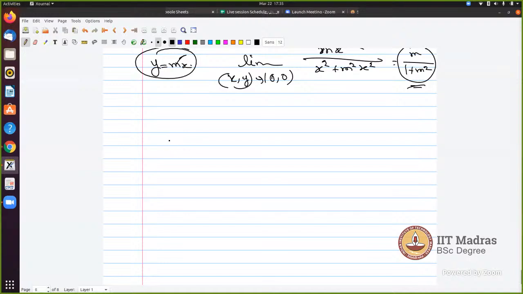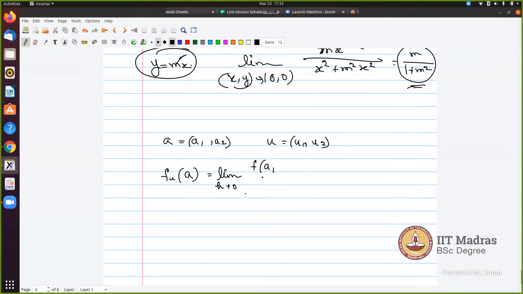What is the directional derivative? Suppose I am taking a point (a1, a2), okay? And along this direction, suppose this is a unit vector (u1, u2). What is the directional derivative of f along u at a? You remember, no?